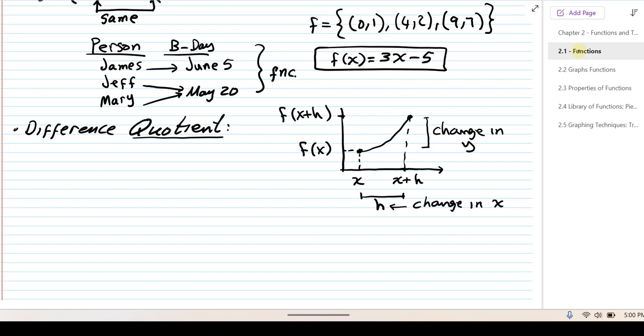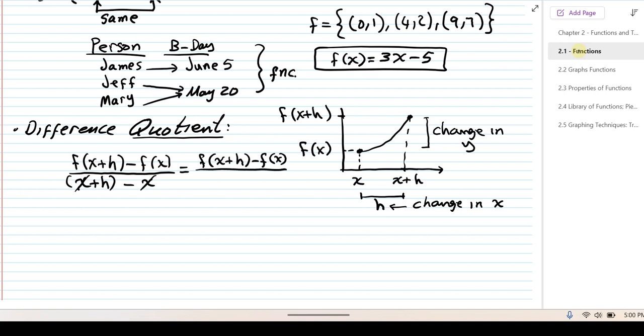Now, it's called a difference because the change in y is going to be f at x plus h minus f at x, and the change in x is going to be x plus h minus x. And of course, we can cancel the x's. Therefore, our difference quotient is simply f at x plus h minus f of x over h.